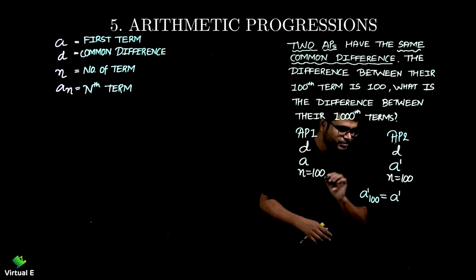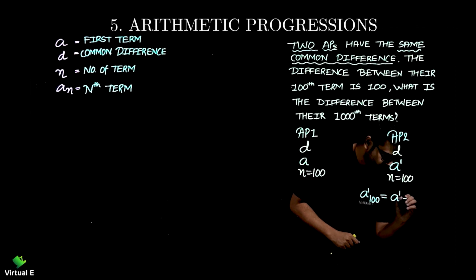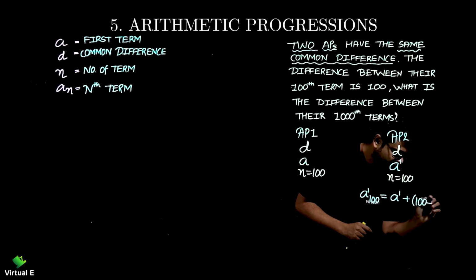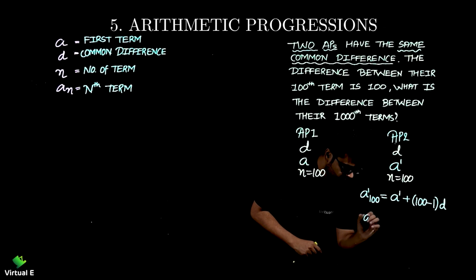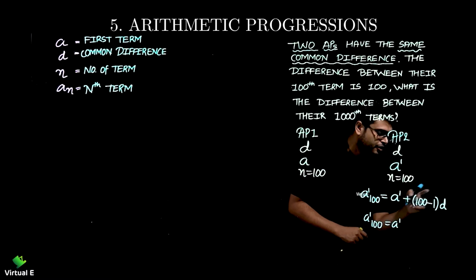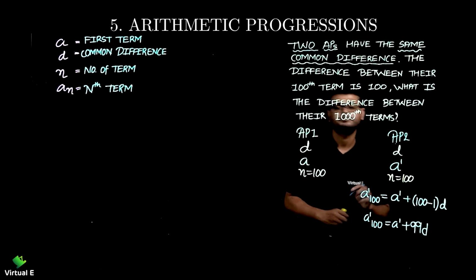Here also a dash will be there because we are going to differentiate. What is the value of n? 100 minus 1 into d. So a dash_100 is equal to a dash plus 99d.